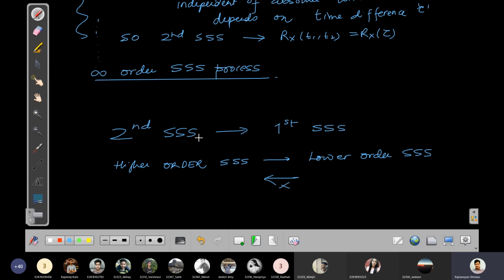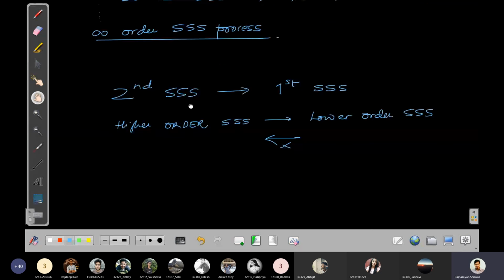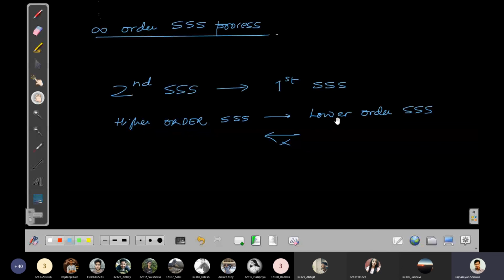So if any process is first order stationary, it may not be second order stationary. But if it is second order stationary, then it has to be first order stationary. But if it is second order, then you cannot say it is third order also. You have to check that one. So higher order implies lower order stationarity, but lower order does not imply higher order stationarity.